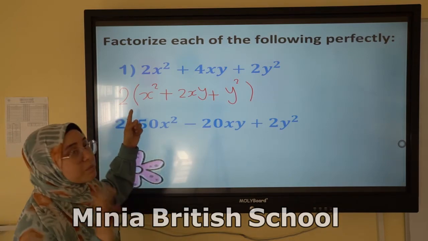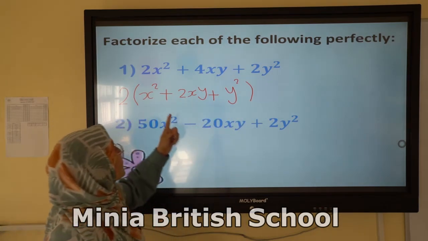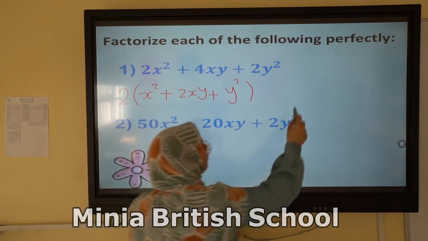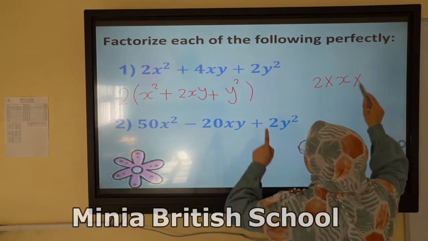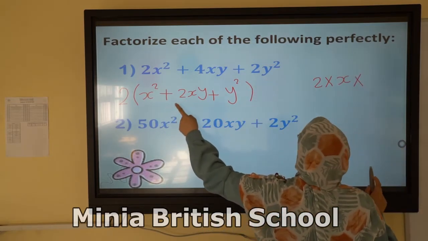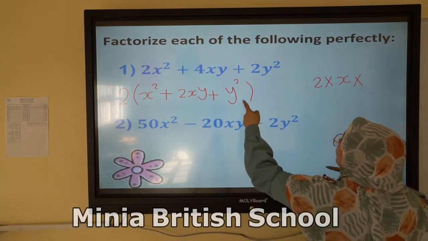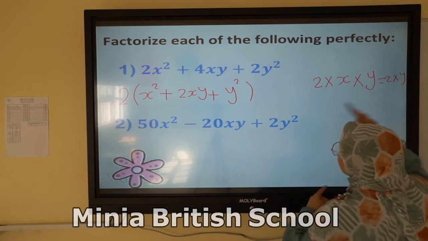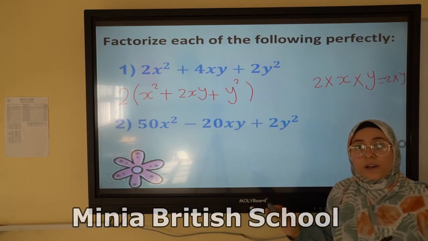Okay, first term perfect square, second term perfect square, and middle term equals 2 times square root of the first term times square root of the second term, y, equals 2xy. Yes, good. So this expression is called a perfect square.